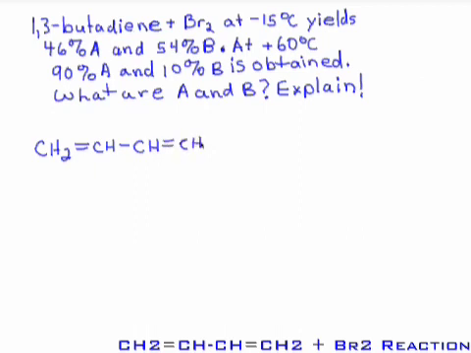It will be polarized because Br2 is a polarizable molecule, and it will form an intermediate called a bromonium ion, a bridging bromonium ion. Markovnikov addition.